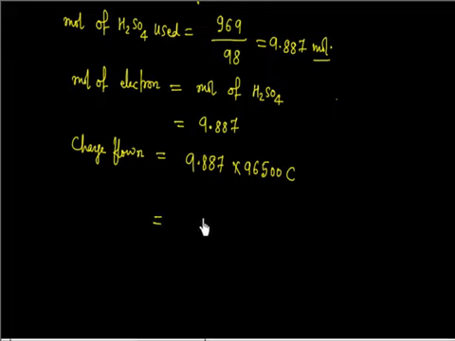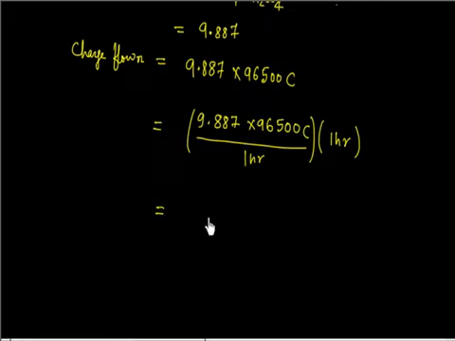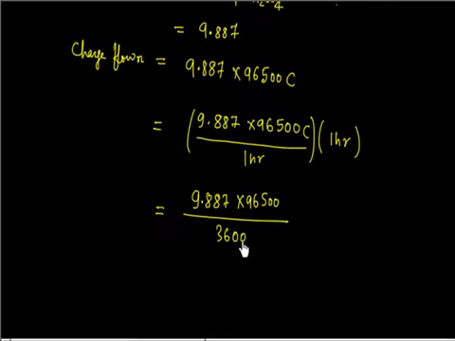So let us say we divide this by 1 hour and multiply by 1 hour: 9.887 into 96500. So this is ampere and this is hour. The unit will be ampere, because this is coulomb per hour. We can change hour into second, so 9.887 into 96500, and this hour can be written as 3600 second. So this becomes ampere and this hour is hour.